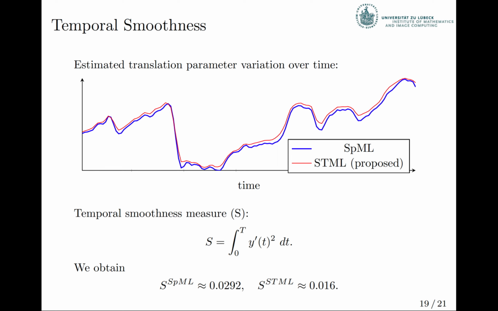I'm just showing here the translation parameter from the affine deformation. To measure the smoothness, I'm taking the L2 norm of the first derivative of our deformation field. For the spatial discretization scheme, this estimate is higher than the proposed one, and that also indicates that we obtain smoothness in our deformation field.